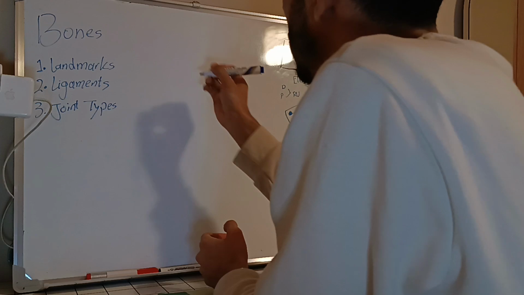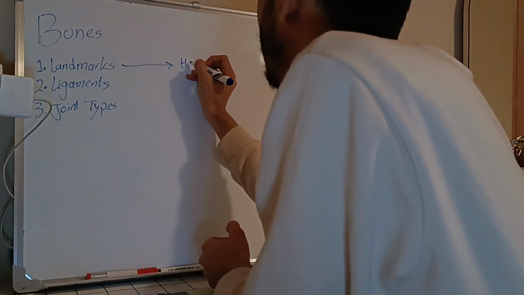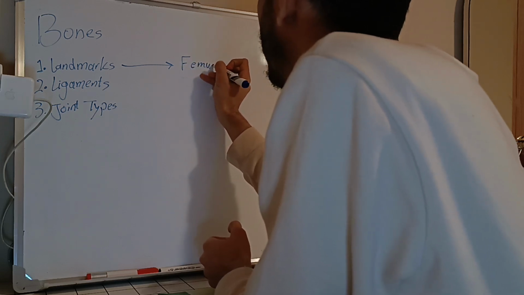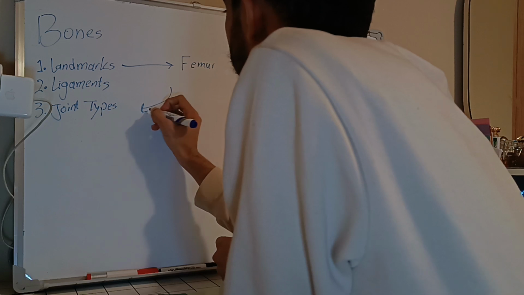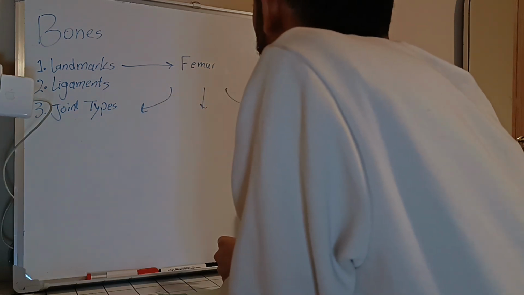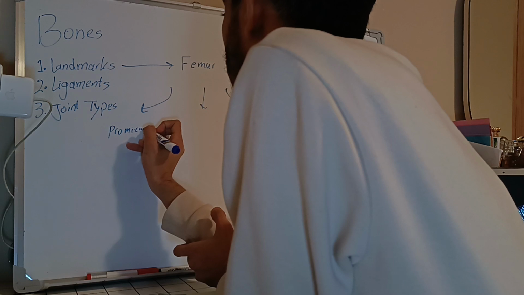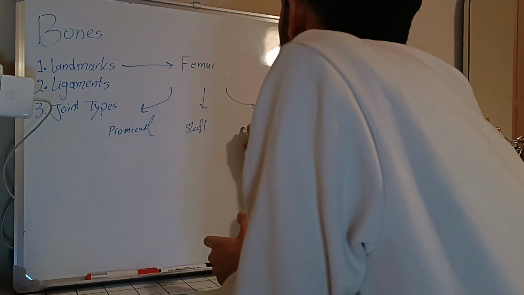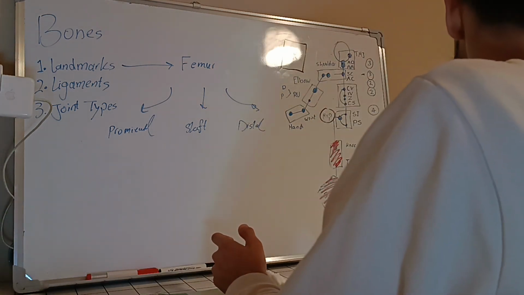So let's discuss the femur landmarks. Sorry, I'm talking about the femur. We can divide the landmarks into three: proximal, the shaft, and the distal.